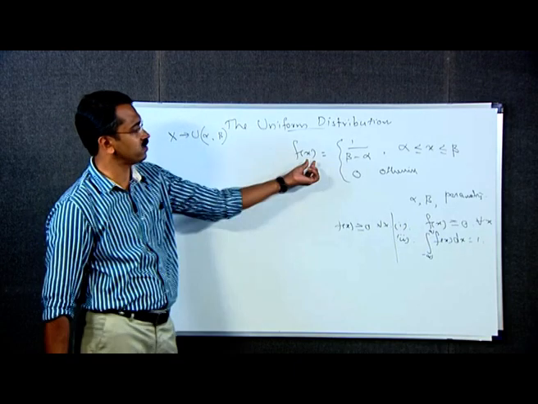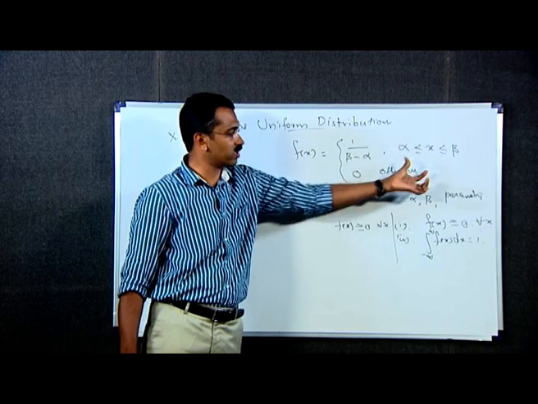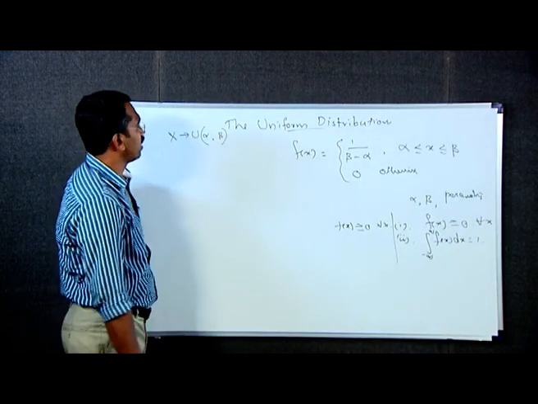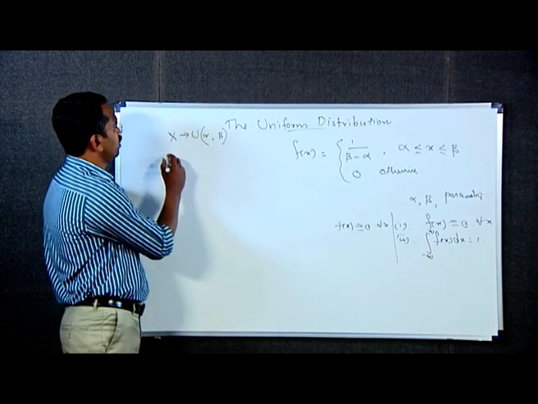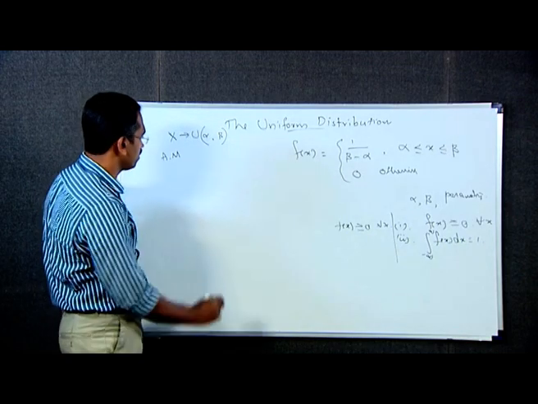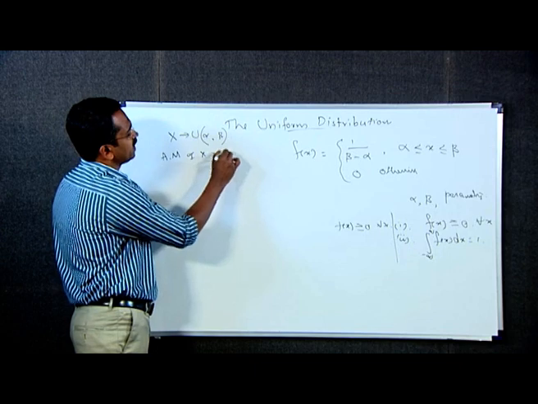Then f of x is 1 by beta minus alpha for alpha less than or equal to x less than or equal to beta, and f of x equal to 0 otherwise. Therefore, the arithmetic mean, simply the mean of X, is the expectation of X.